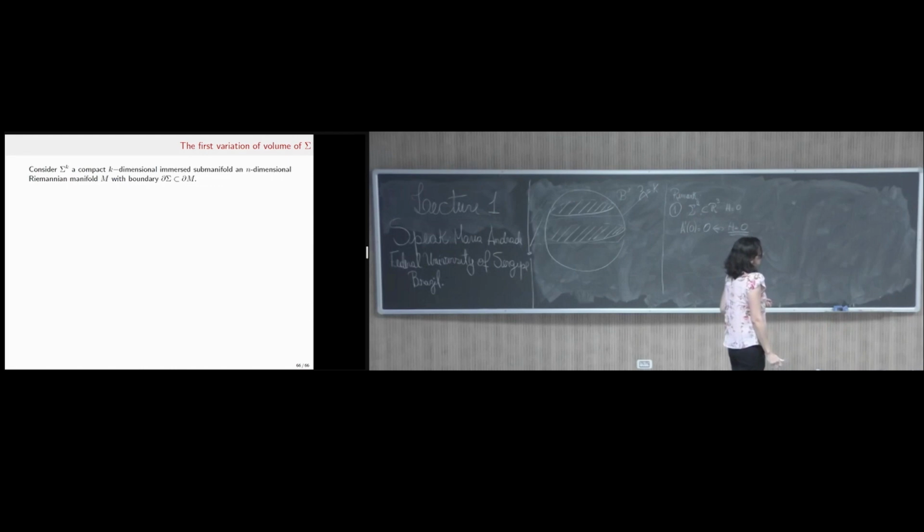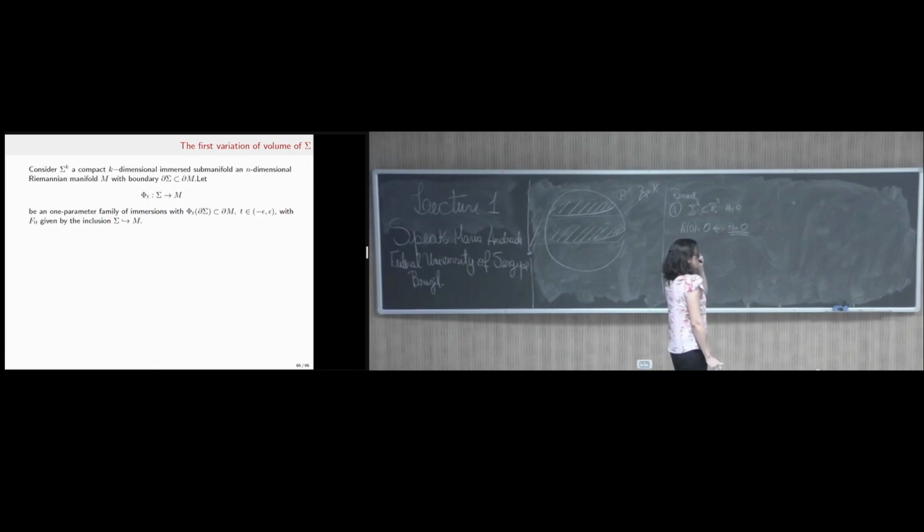Consider here sigma k, a compact k-dimensional immersive submanifold, and the boundary of this sigma is inside of the boundary of M. Remember that it is compact, but in this case the boundary is now in the boundary of M. What more?